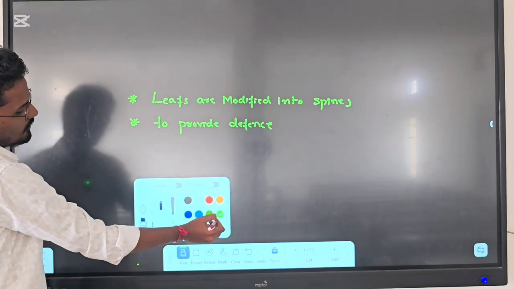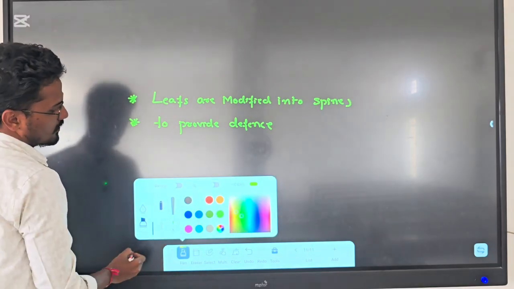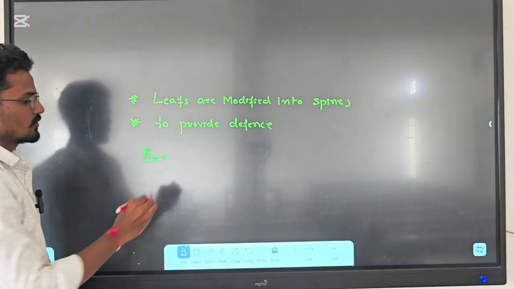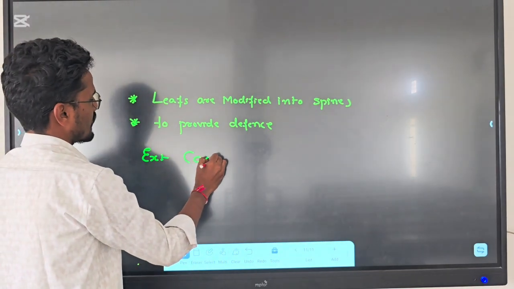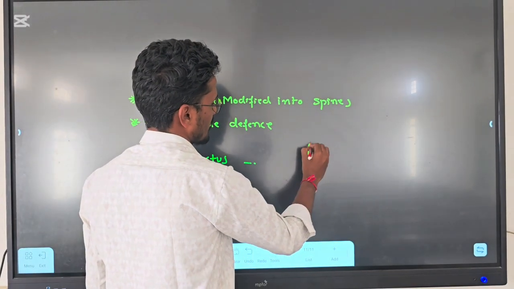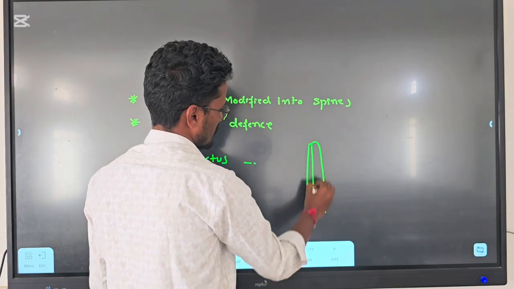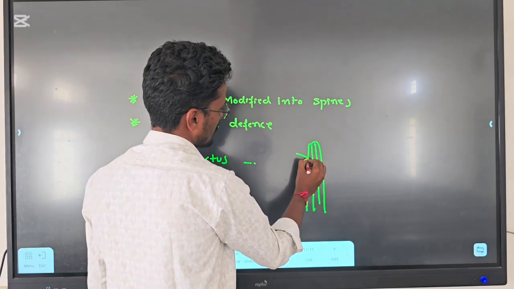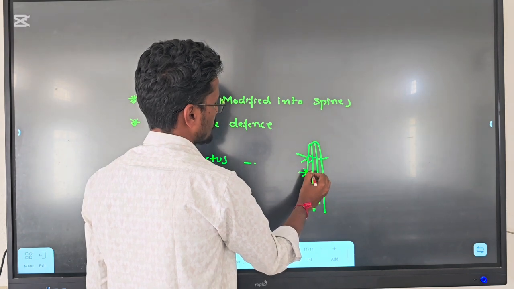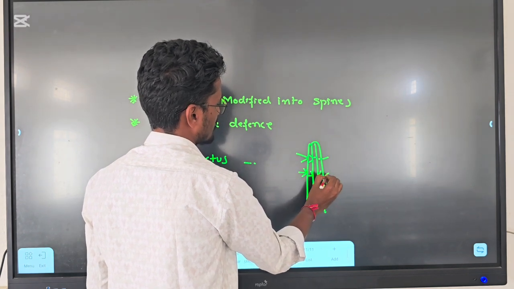This type of arrangement we used to see in cactus, xerophytic cactus. We'll see diagrammatically how some cacti look. This is one cactus where the leaves are converted into small pine-like structures.